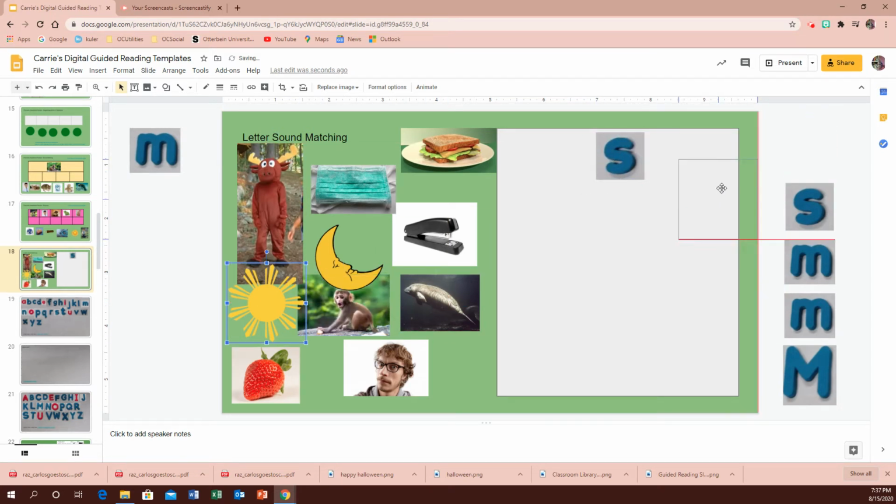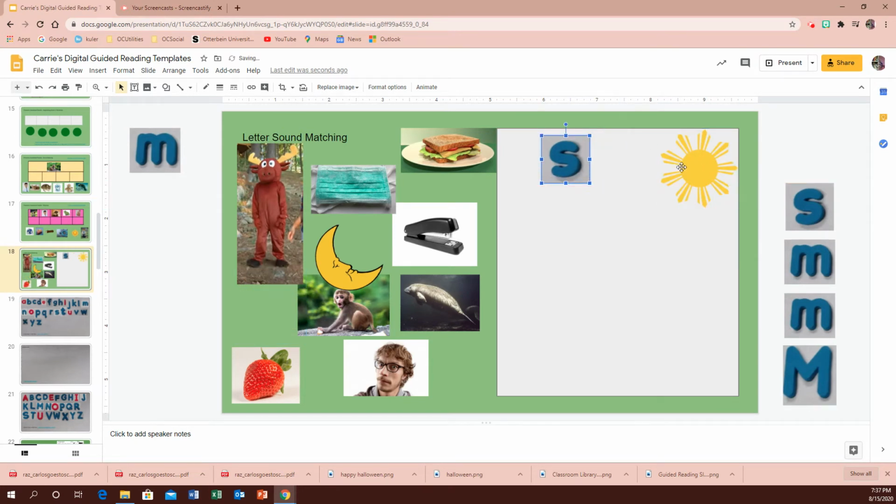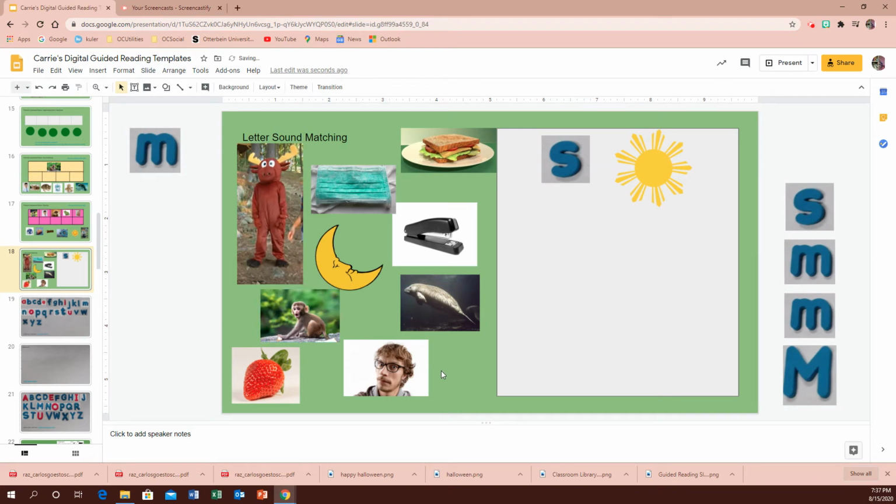Now, the reason this efficiency works is when I set up this sort, I made the contrasts all S, and the contrast sounds were all pictures that started with S. And so the next day we come in and I don't have to change anything on this slide except the target here.